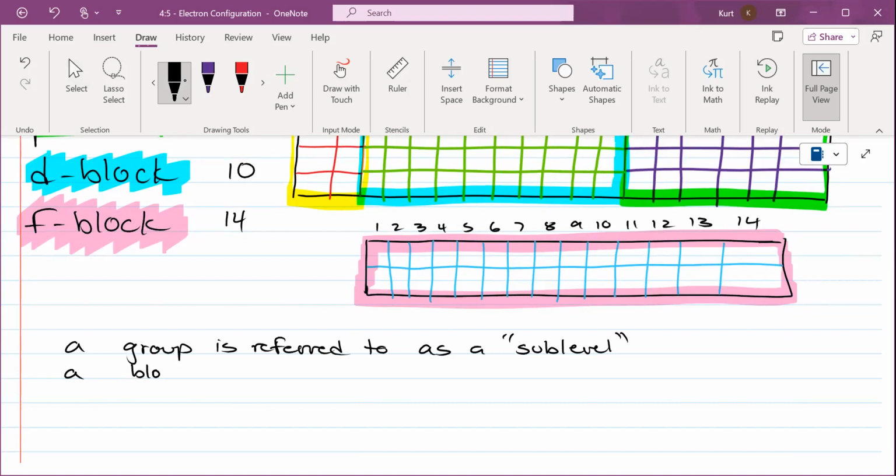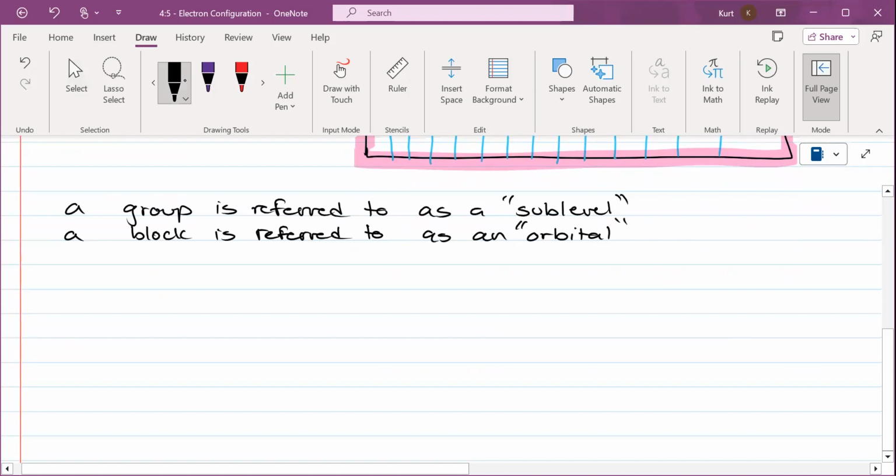A block is referred to partially as an orbital. So you're going to do some mental math here. I've got the S, P, D, and F.